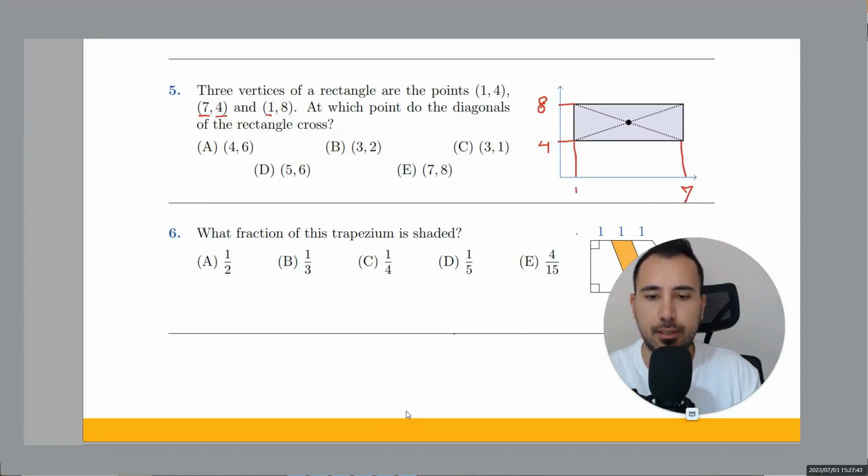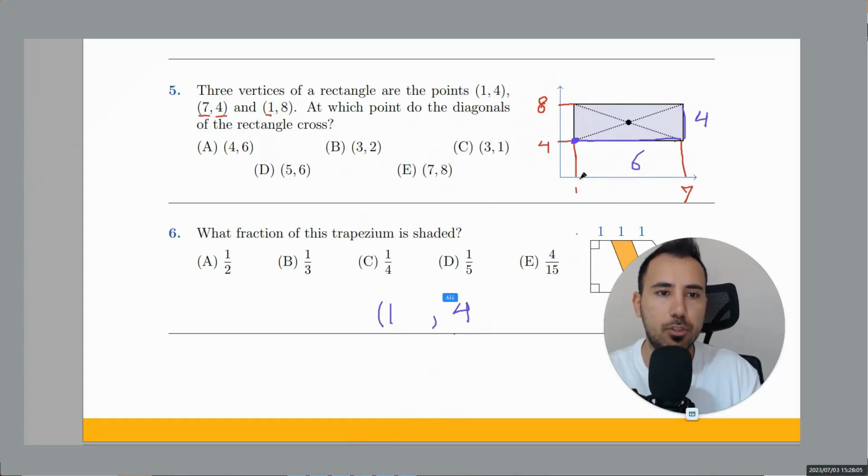So now we have each length. From here to here, this is 6, and 4 to 8, this is 4. So from this point, we had 1, and then we had 4.